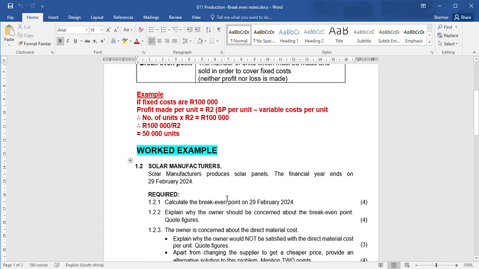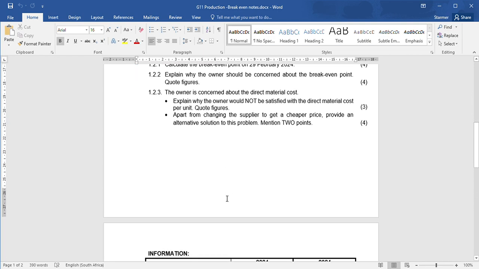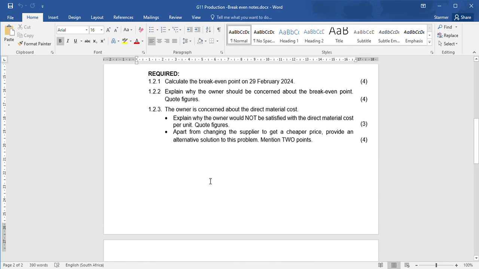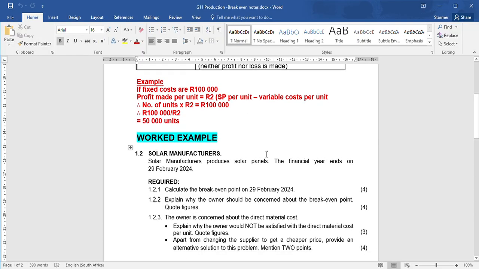Okay, let's look at a worked example. The first one asks you to calculate the break-even point, and they give you information. Okay, the formula for break-even point, just going back to this example, we actually took our fixed costs here and we divided by our profit, and our profit was selling price per unit minus variable cost per unit.